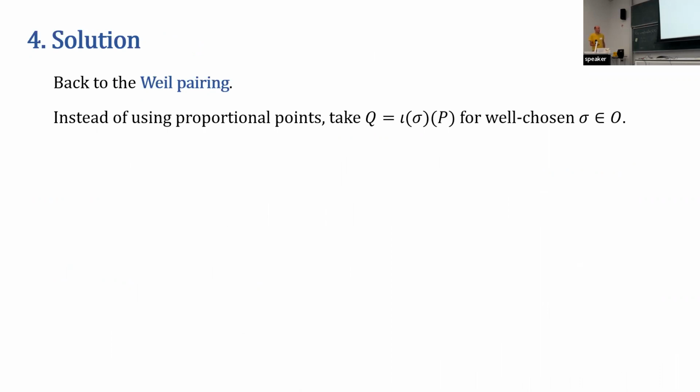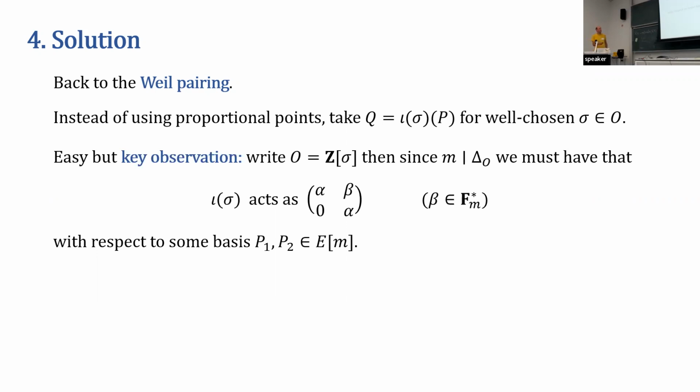So what we do is we select some well-chosen sigma in our O. To this sigma in O, we can attach an endomorphism, iota of sigma, and we can use this endomorphism to send P to another point. And we hope that this Q is independent of the initial point P, because then we already have a non-trivial Weil pairing between P and Q.